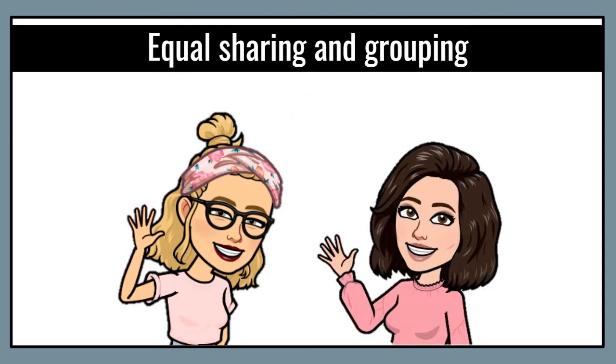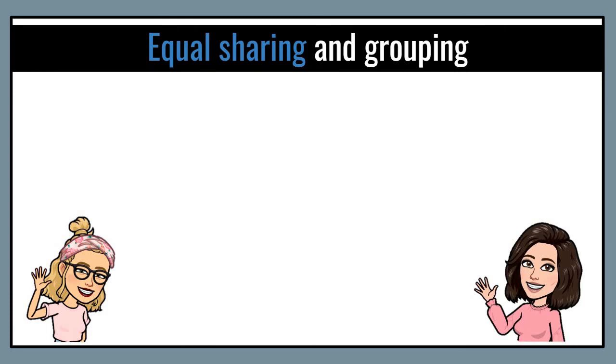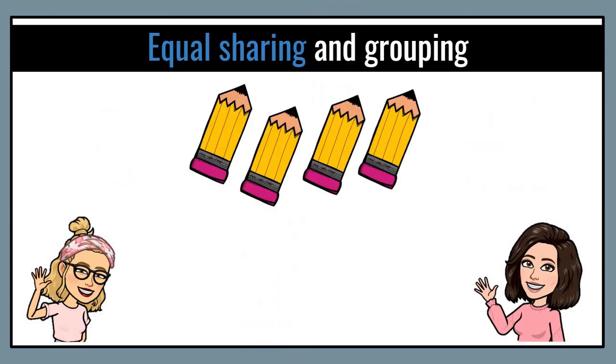Next, I want you to meet my friend. Hi friends! And in the next activity, I'm going to show you how to equally share. What does sharing mean? Sharing means that each one of us is going to get the equal amount. Here I have some pencils. Help me count them. 1, 2, 3, 4.